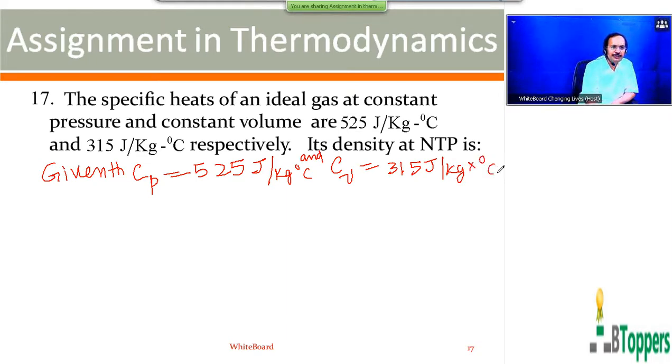That means you are given the ordinary specific heats of the gas at constant pressure and constant volume. You are asked to find the density at NTP for that.